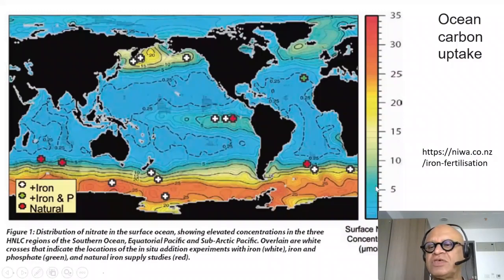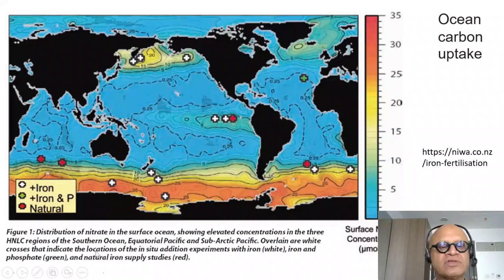This is from the New Zealand NIWA agency. So this is distribution of nitrate in the surface ocean, showing elevated concentrations in the three HNLC regions. They are called high nitrate, low chlorophyll regions, basically because they have unused nitrate that's been brought up by the upwelling or other processes. Equatorial Pacific and subarctic Pacific up here.